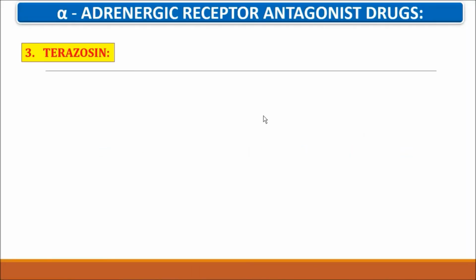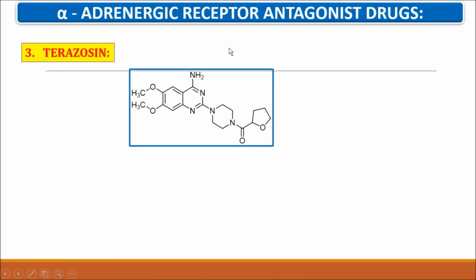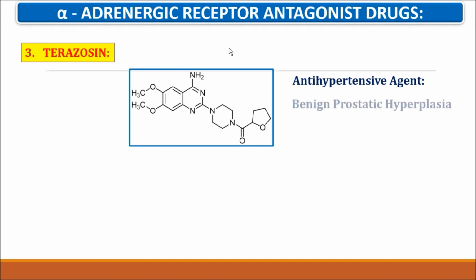It is an antihypertensive agent, and it is also used for benign prostatic hyperplasia. Due to greater activation of alpha receptors, the urinary bladder has high pressure. To cure that, we use terazosin.